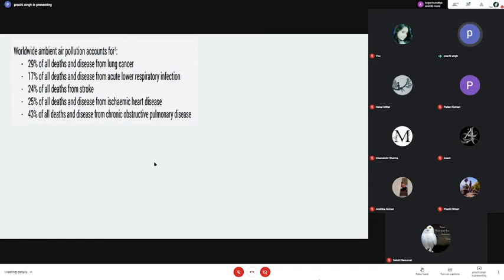Also 17% because of lower respiratory infection, from stroke, from ischemic heart diseases. Ischemic means improper pumping of the heart takes place, and death results from it, or from pulmonary diseases, and the chief cause of them is your air pollution and particulate matter.